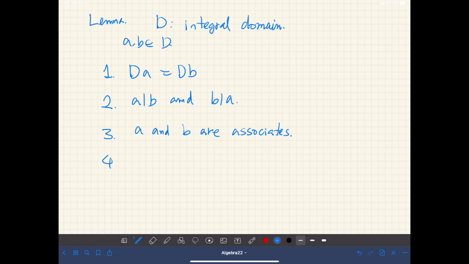And 4, A is equal to BU for some unit U.